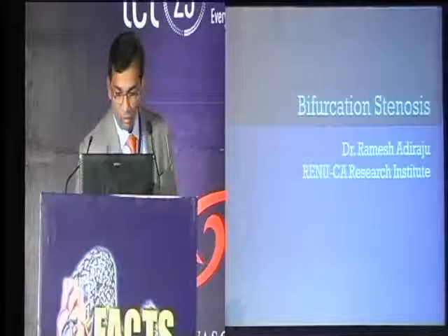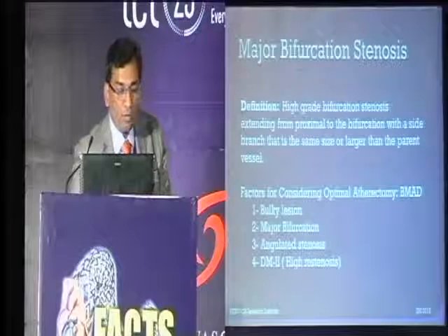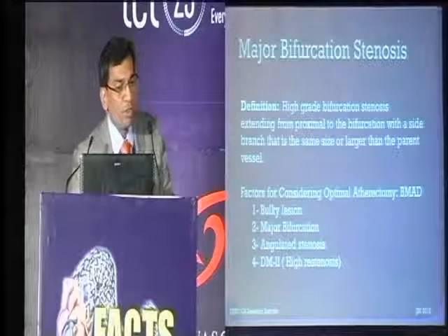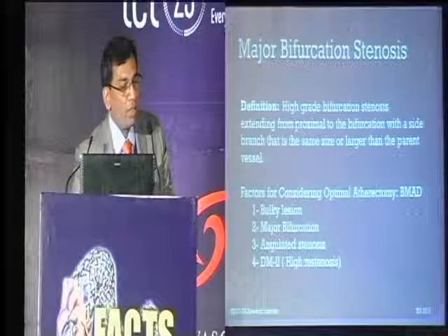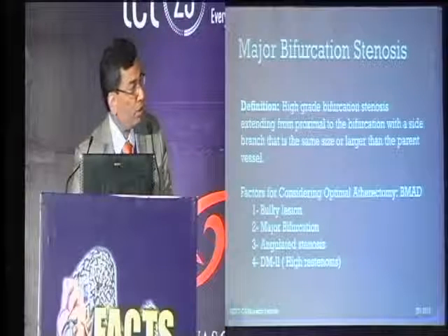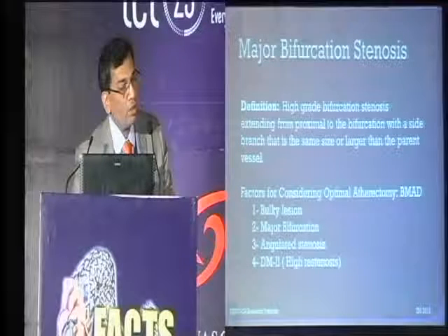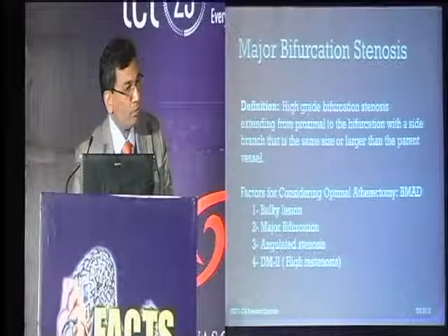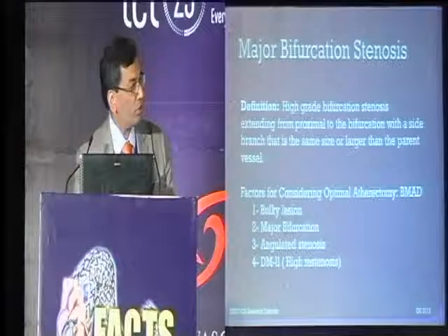So here's a definition of what I mean by major bifurcation. If there's a bulky lesion and the side branch is as big or bigger than the main vessel, angulated stenosis, type 2 diabetics who have diffuse disease and restenosis is high in these patients.